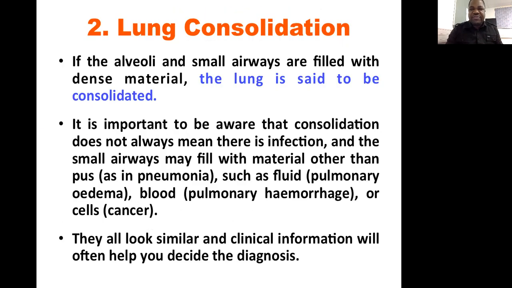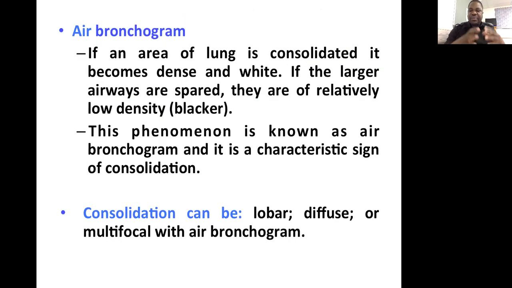But in the case of consolidation, the air is replaced by fluid or any dense material. They can look similar on chest X-ray, but you can then use clinical information. Like for these cases, most of those patients had proven COVID-19 infection.